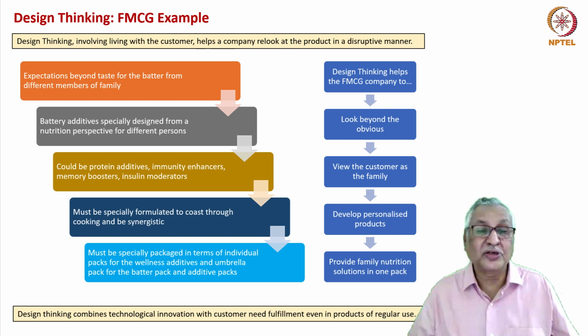These additives could be protein additives, immunity enhancers, memory boosters, insulin moderators, etc. They also must be specially formulated to coast through cooking and be synergistic for different kinds of cooking environments. And they must be specially packaged in terms of individual packs for the wellness additives and umbrella pack for the batter pack and additive packs.